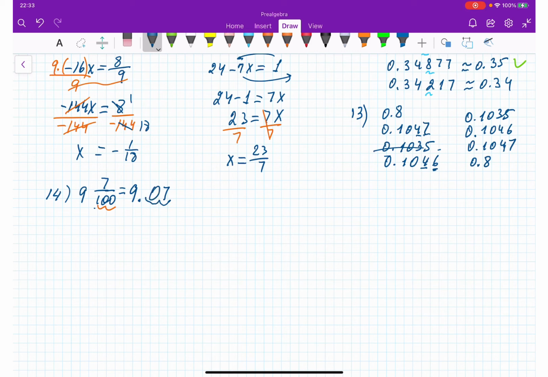It's going to be 0.07, shifted by 2 positions, because I already have this 0 here, right? 7 divided by 100 is going to be 7, 1 and 2, 0.07. And plus 9, because we have here 9, right? So 9 plus 0.07 is going to be 9.07. Okay?